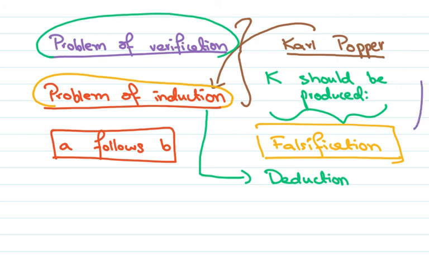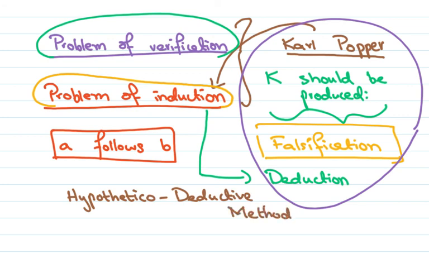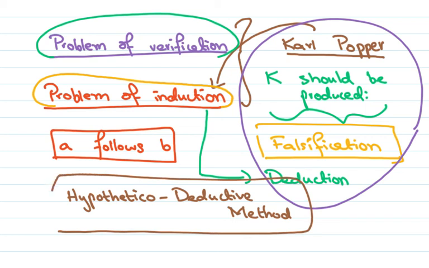And Karl Popper named this method, which works on falsification and deduction, the hypothetical deductive method. And this is basically the method that you use when you're doing quantitative research, right?